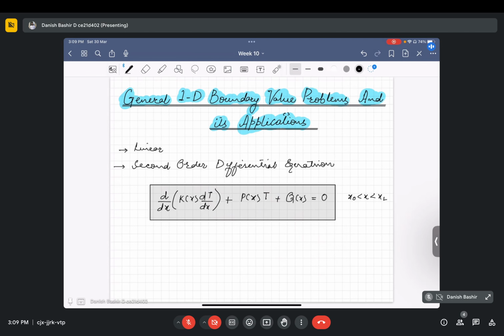Here I will define the terms k of x, p of x, and q of x as known coefficient functions.